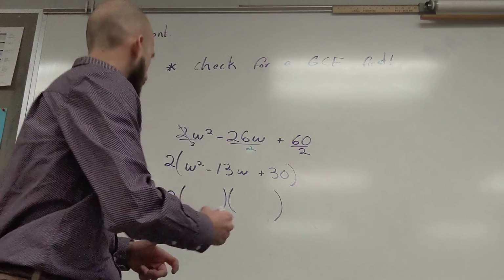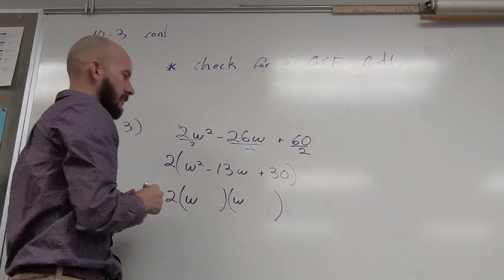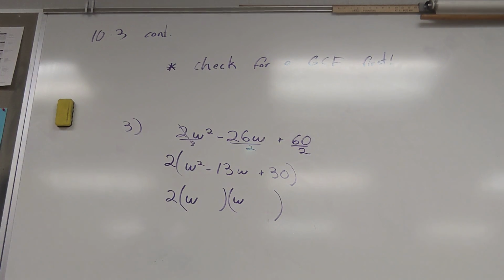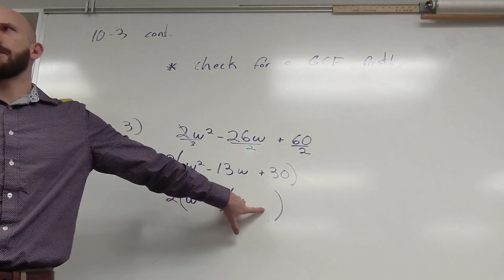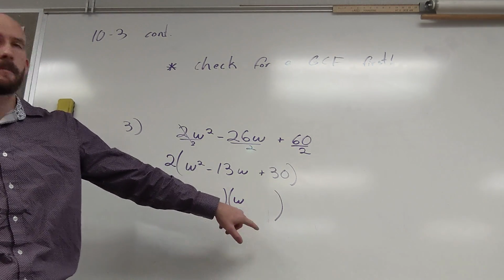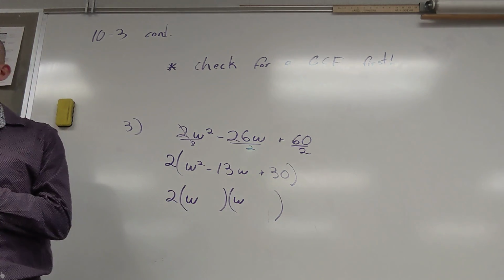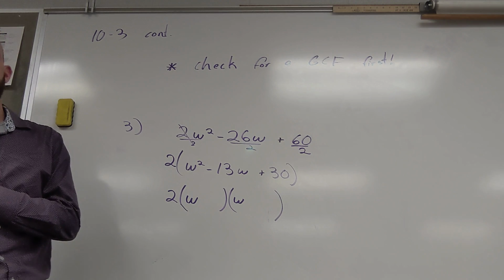Okay. So my first thing here needs to be W. And then, can you tell me what do these two numbers have to multiply to be? What do my two numbers have to multiply to be? 30. What do they have to add to be? -13.